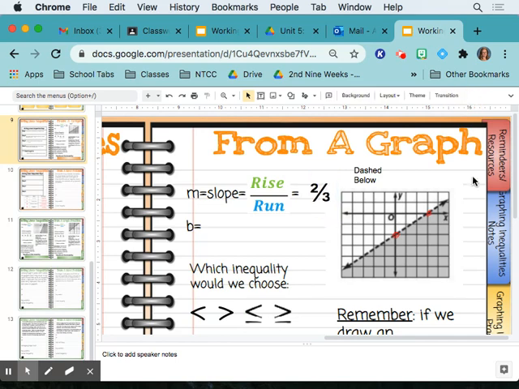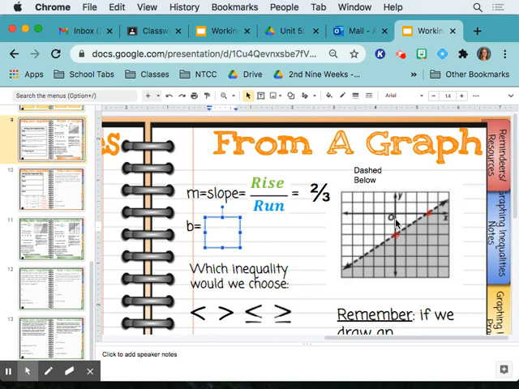There you go. Okay, and then b is your y-intercept. It crosses the y-axis at -2. So we'll put -2. Make that bigger.